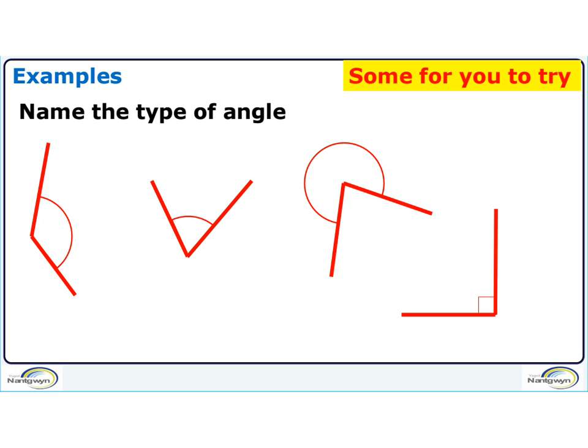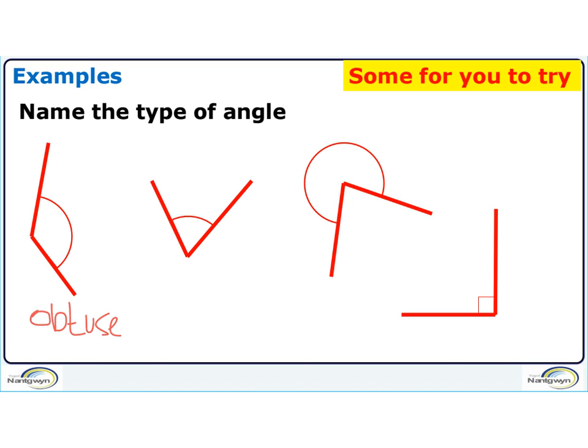Here are 4 more for you to have a go at. Pause the video, write down the name of each type of angle, and then come back to check your answers. We know that this one is bigger than 90, smaller than 180, so it's an obtuse angle.